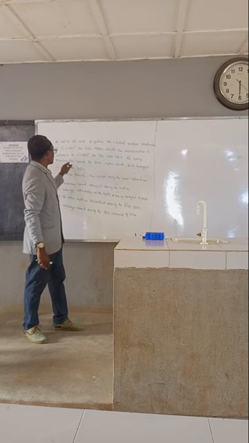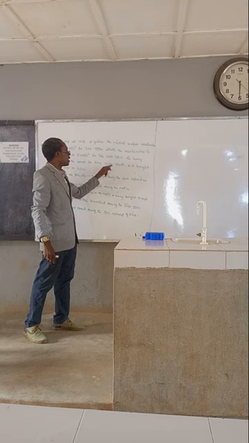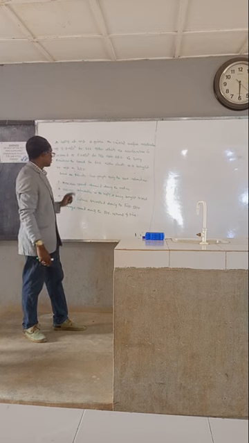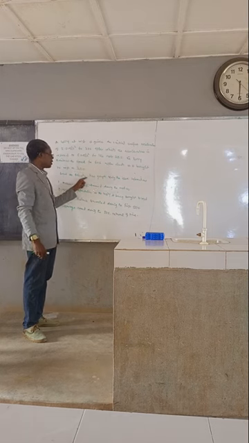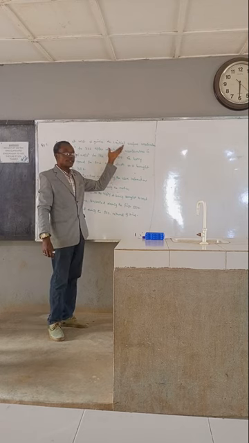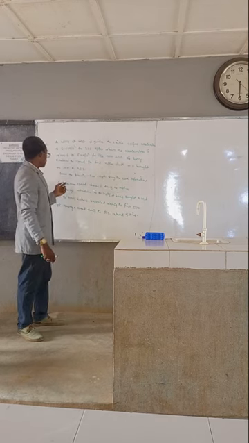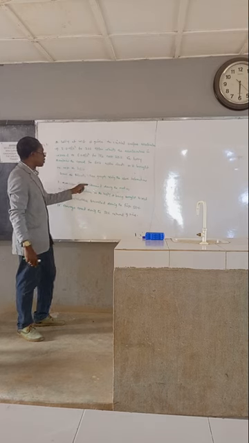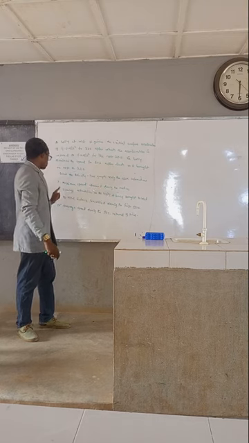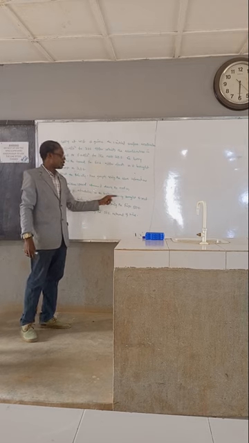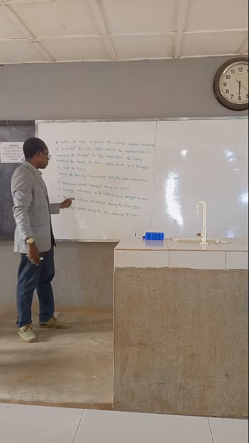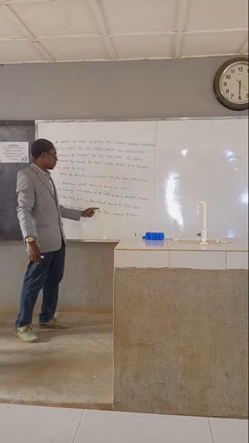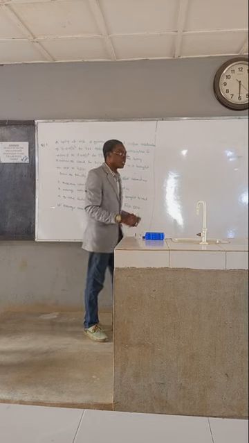The body maintains the speed for 60 seconds, after which it is brought to rest in 20 seconds. Required: draw the velocity time graph using the above information. Then from the graph, determine one, the maximum speed attained during the motion; two, the average retardation as the body is being brought to rest; three, the total distance traveled during the first 50 seconds; and four, the average speed during the 50 seconds interval of time.